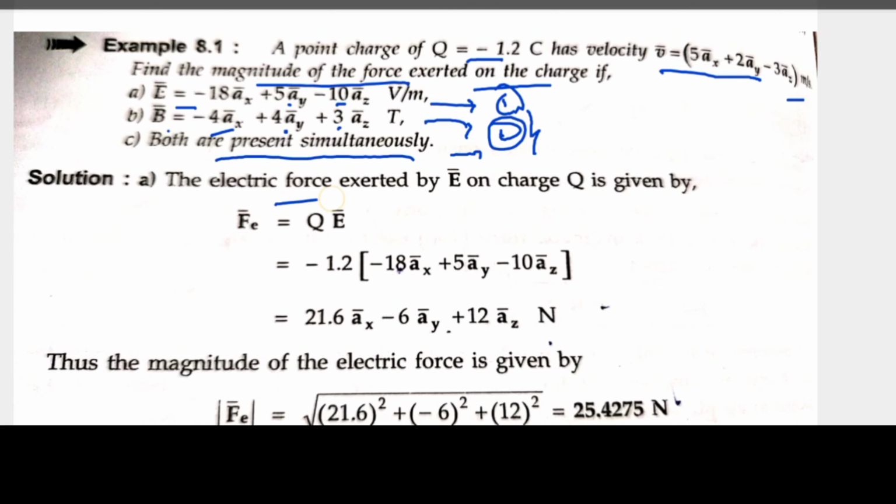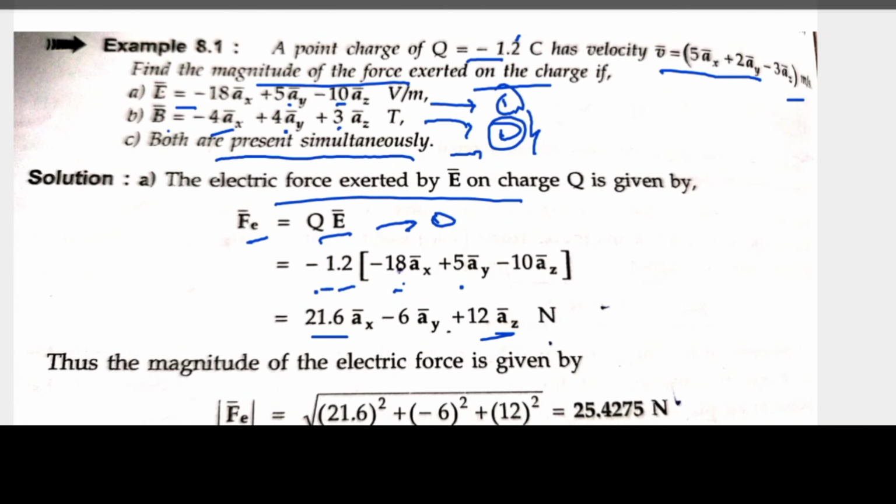First, the force exerted by E bar, the electrical force: Fe equals QE, the equation 1 we assumed previously. From the given data, Q is minus 1.2 nanocoulombs. Multiplying Q with E bar, 18 into minus 1.2, minus into minus is plus: 21.6ax minus 6ay plus 12az.